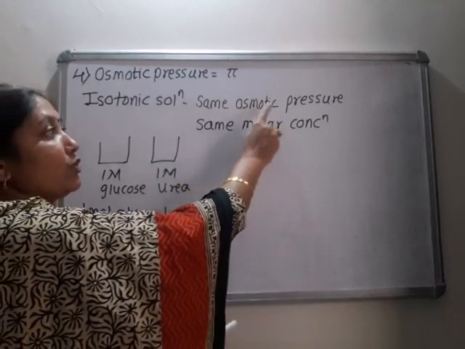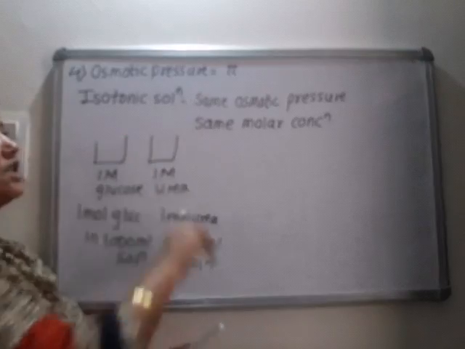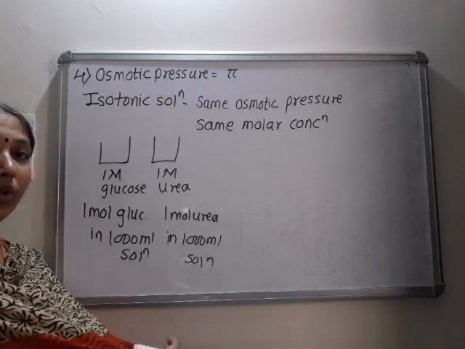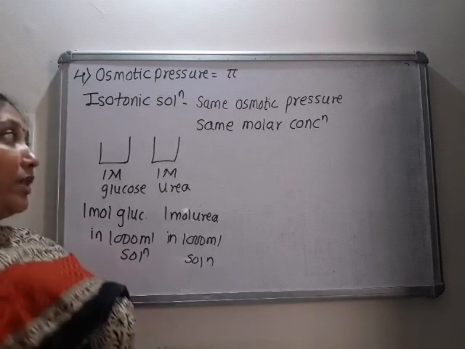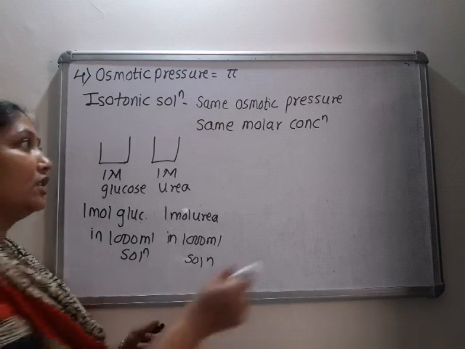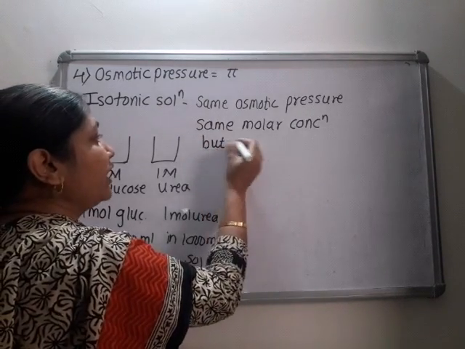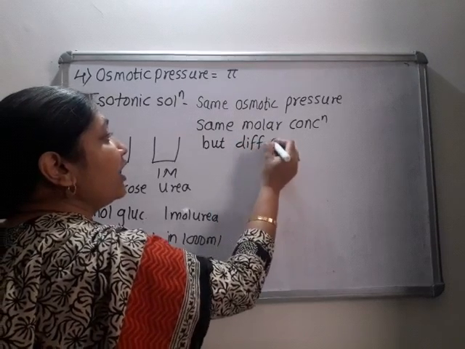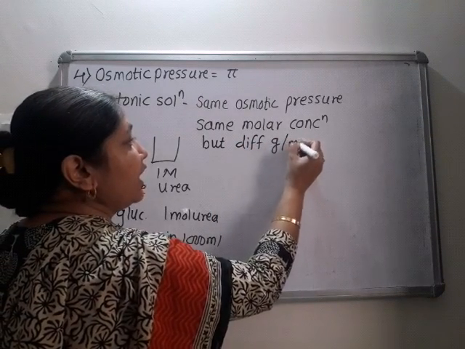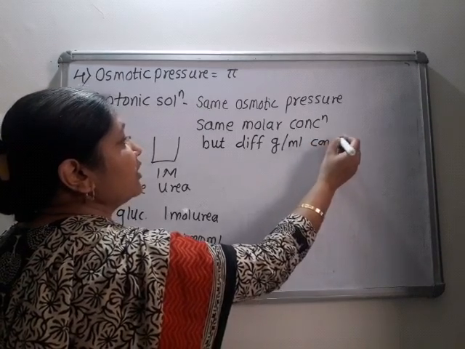Two solutions having the same osmotic pressure are called isotonic solutions. They have the same osmotic pressure, which means they have the same molar concentration, but different gram per liter or gram per ml concentration.